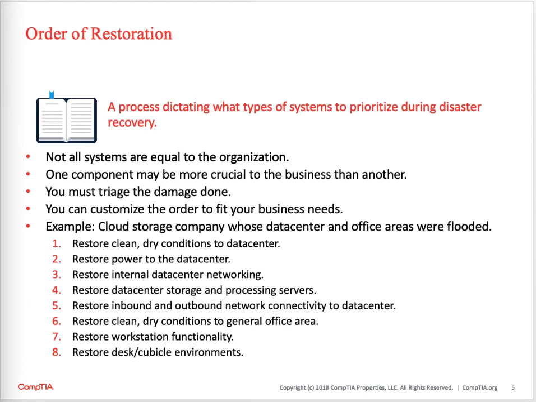Why? Because our data center is the most important thing here, right? Because this is a cloud storage company. So the data center is of the utmost priority, right? And so after the data center is up and running, then we'll want to go and restore our workstation functionalities. And then we can go fix our desk and our cubicle up and put pictures back up on the wall and stuff, right?